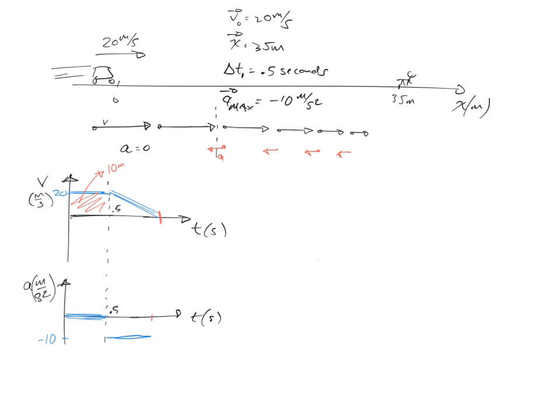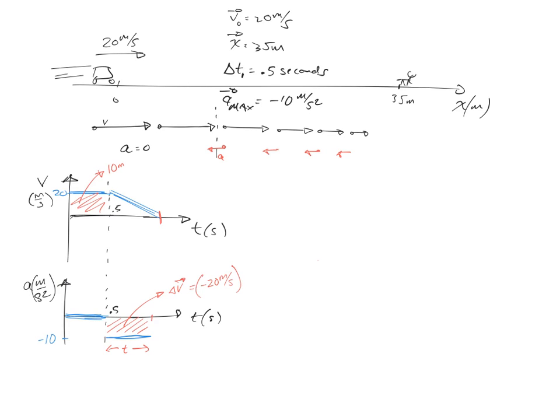But I do know this area here is my change in velocity, and my change in velocity while I'm slowing down should be negative 20 meters per second. I'm going to call this amount of time t.